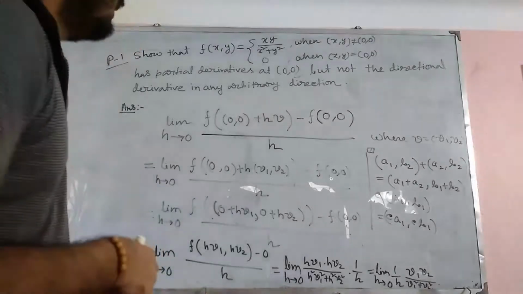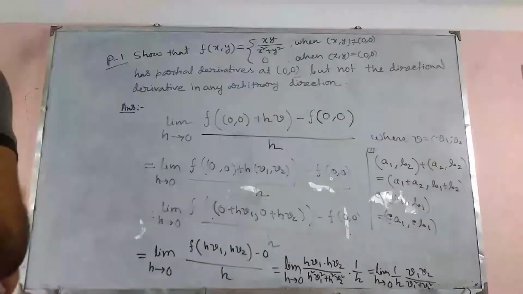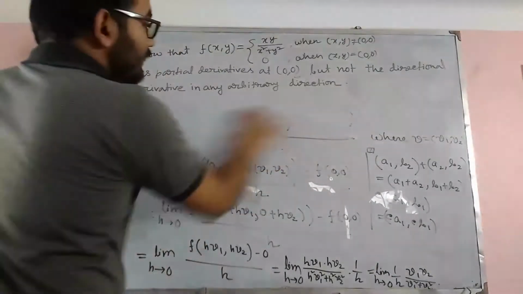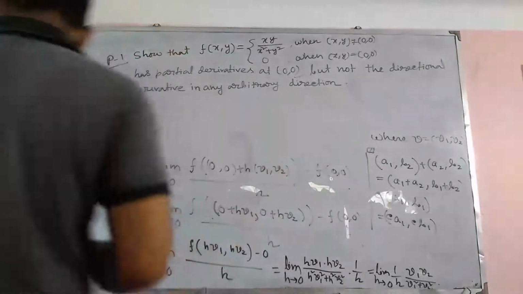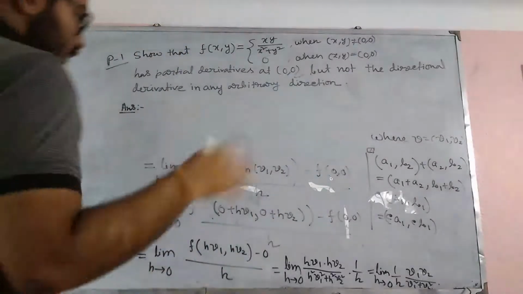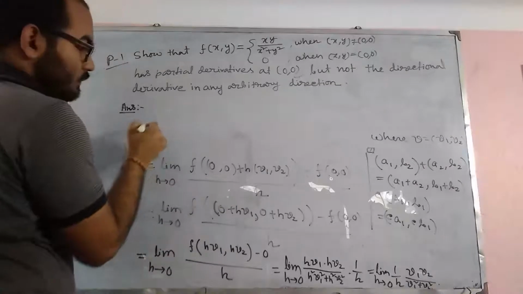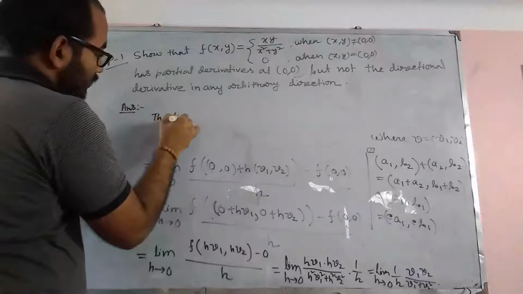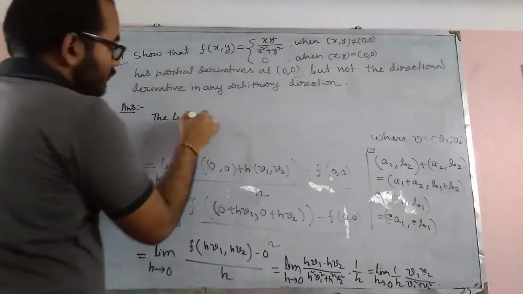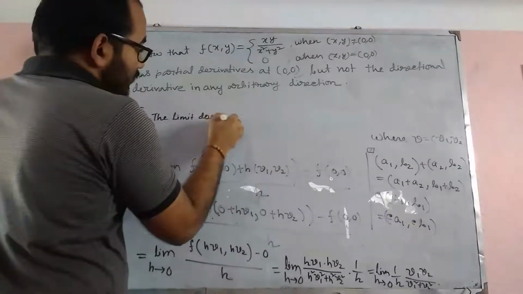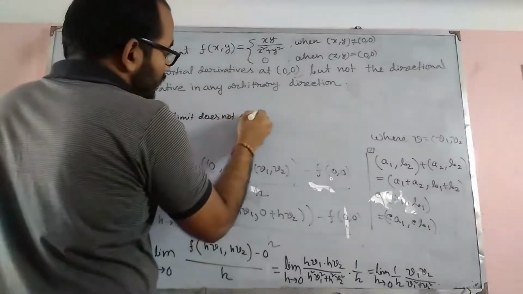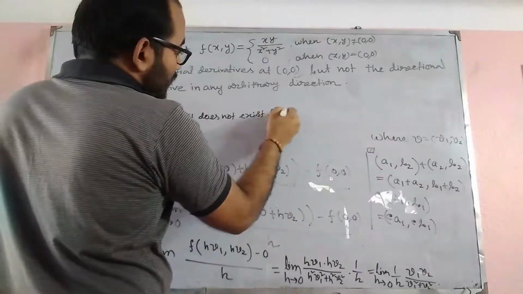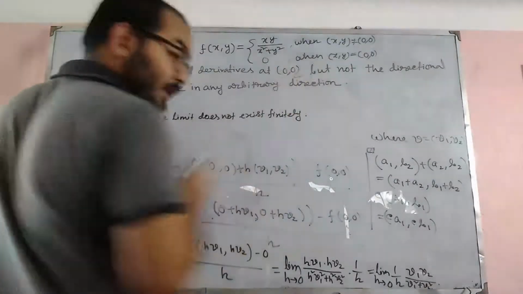Okay, so I am just erasing this line, and I am writing this. The limit does not exist finitely.